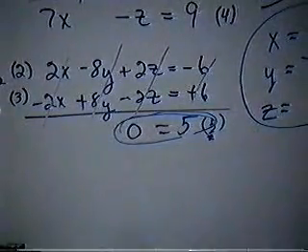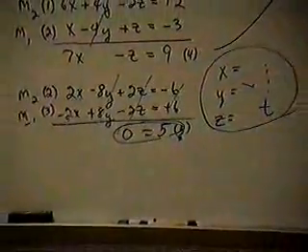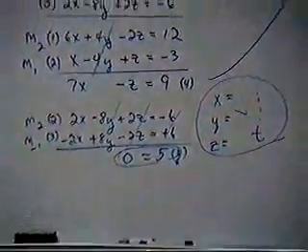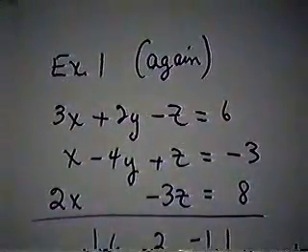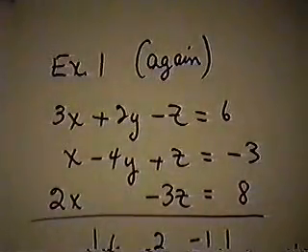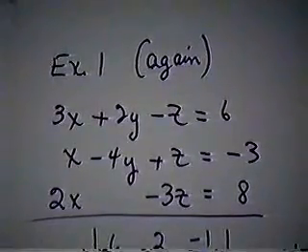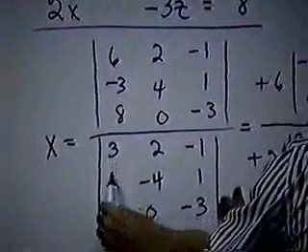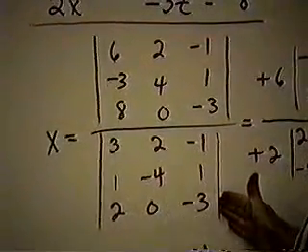Alright, now let's look at working these by Cramer's rule. Let's look at doing this example 1 again by using Cramer's rule. So Cramer's rule says the denominator will be the coefficients of the x's, coefficients of the y's, coefficients of the z's.